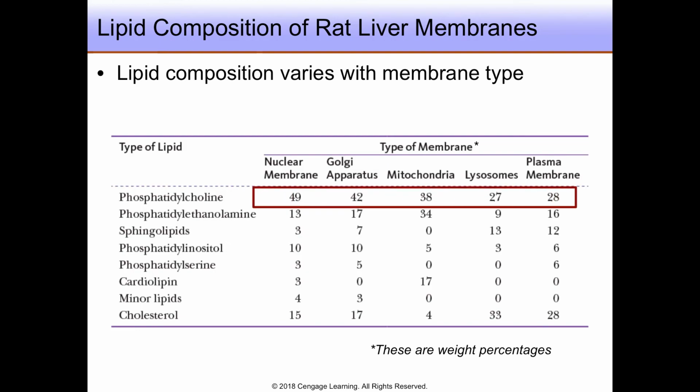Now notice the first row to see the prevalence of phosphatidylcholine in different membrane structures. For instance, the highest concentration of this lipid is found in the nuclear membrane. It's not important that you memorize these values or even the specific trends. Rather, simply realize that lipid composition varies between membranes, and this very much relates to their functions within these structures.